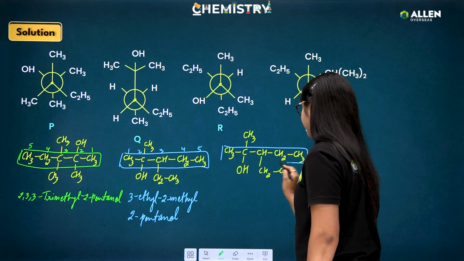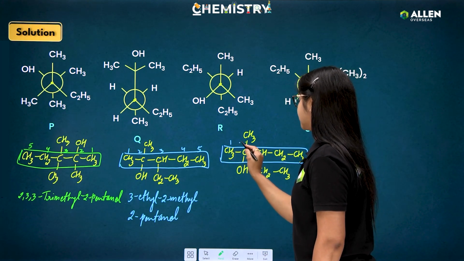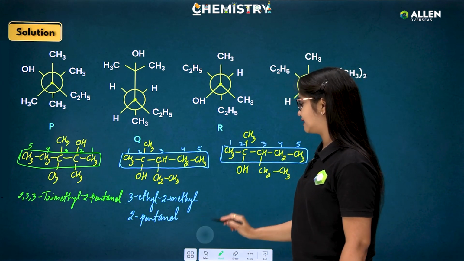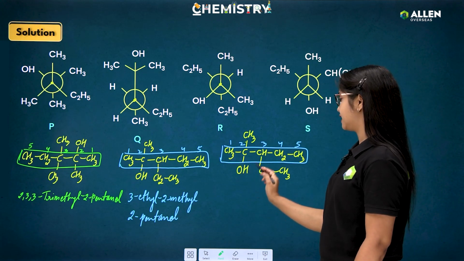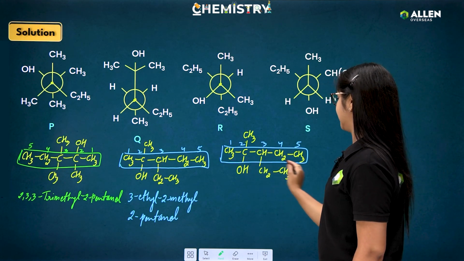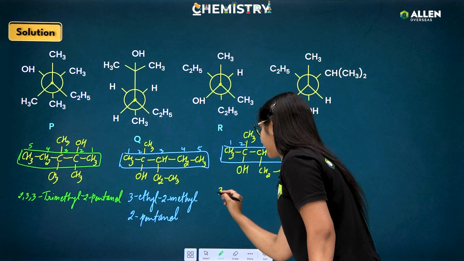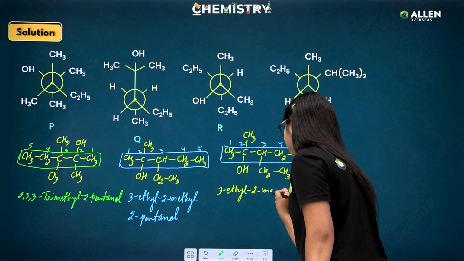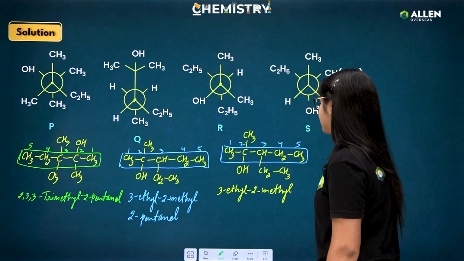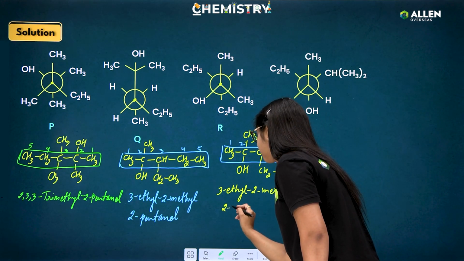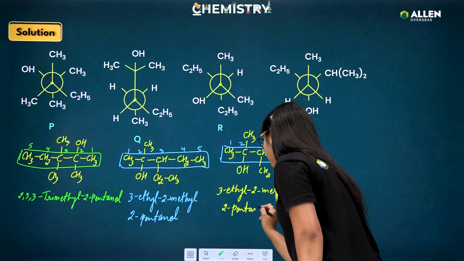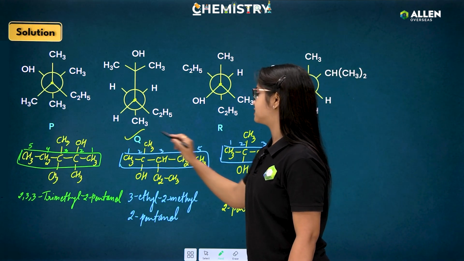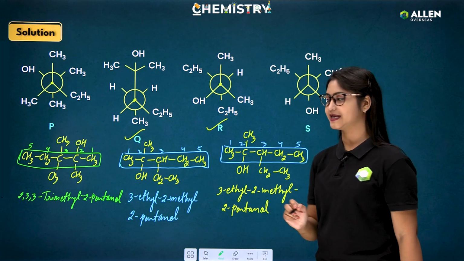This straight chain we can take, right? So 1, 2, 3, 4, 5. Here also you can see that these two are exactly same, okay. So let's write 3 ethyl, 2-methyl, 2-pentanol, okay. So these Q and R, these two compounds are identical. These are exactly same, right?